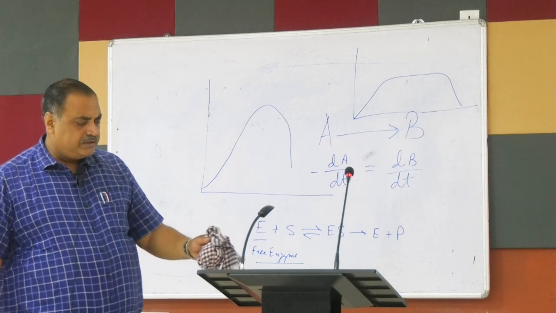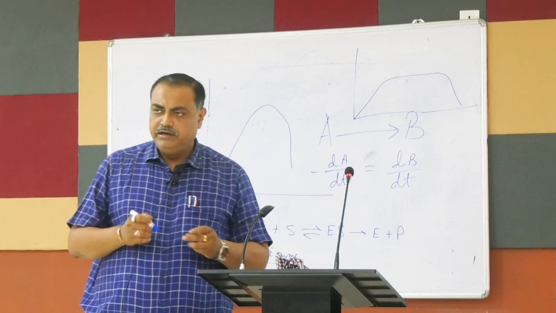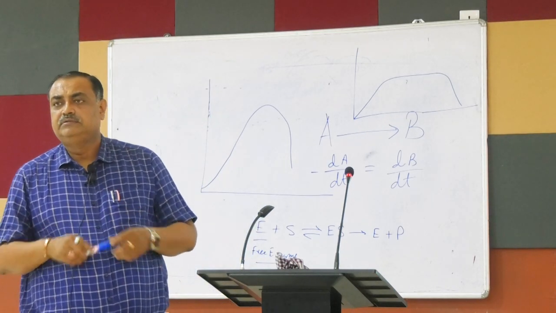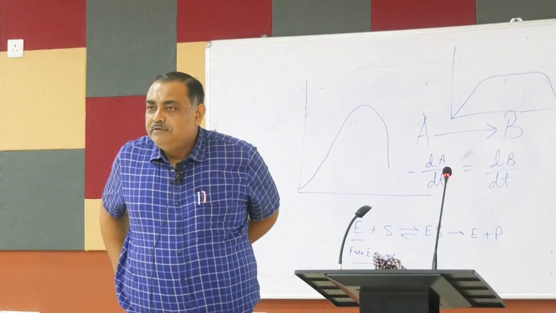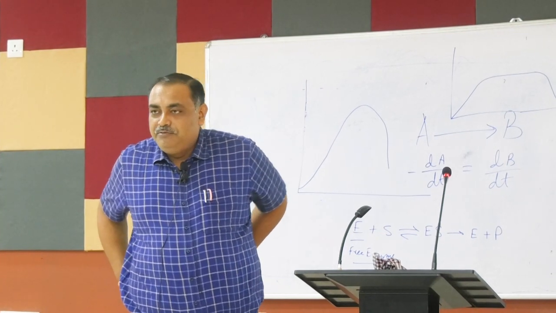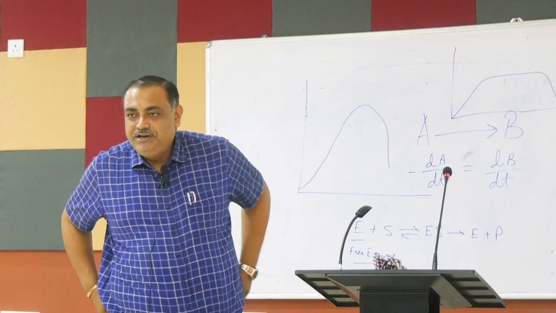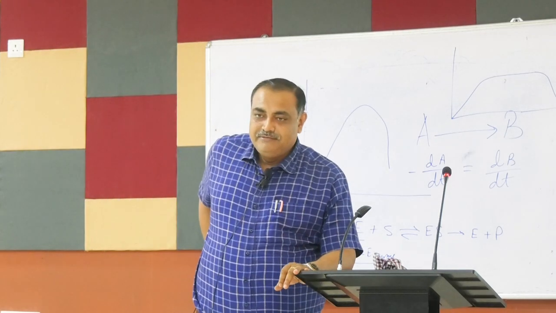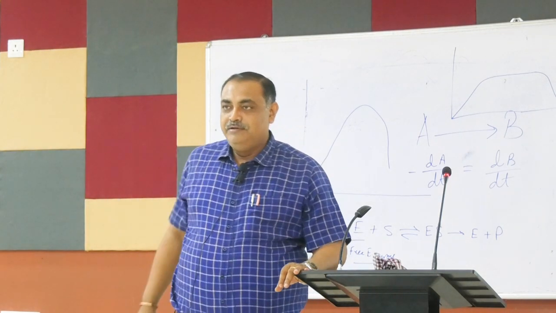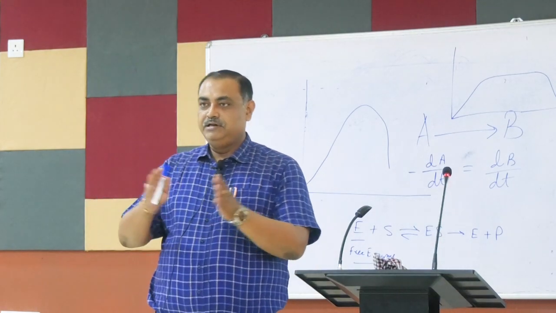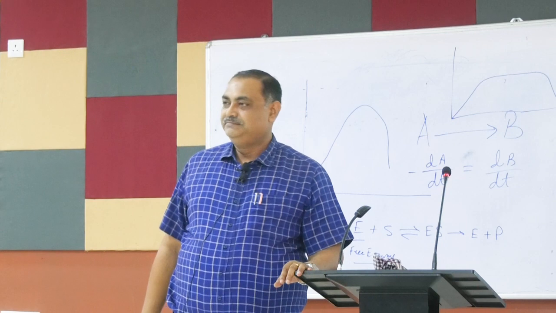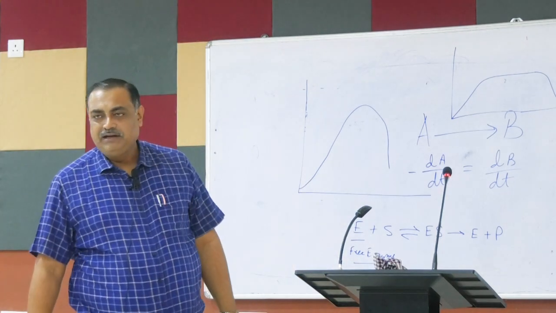That means when the temperature goes beyond 40 degrees, that means what? 40 degree means how much in the thermometer? 106. Thermometer is full. Correct? This is in degree Fahrenheit.